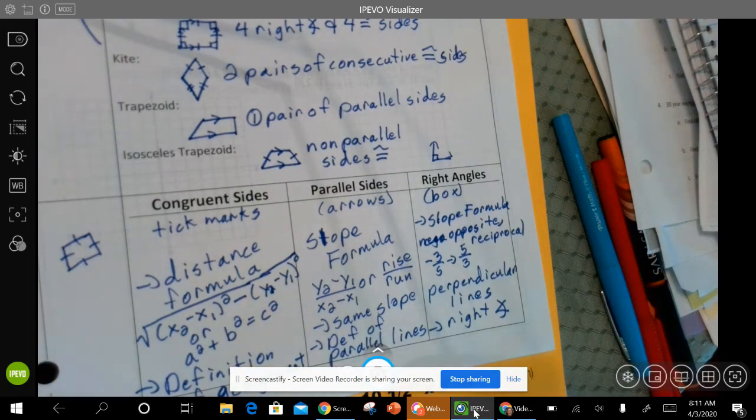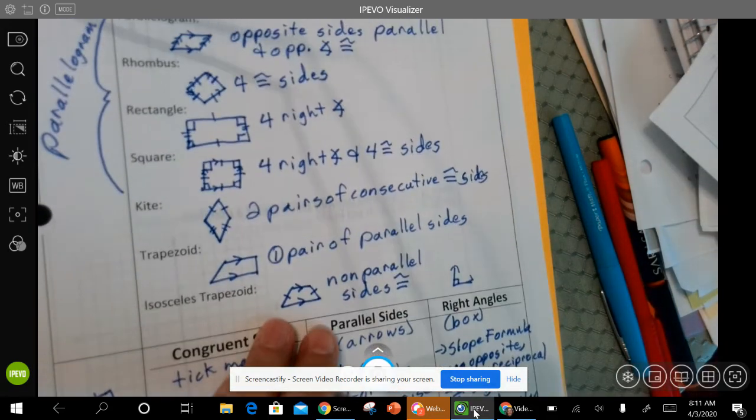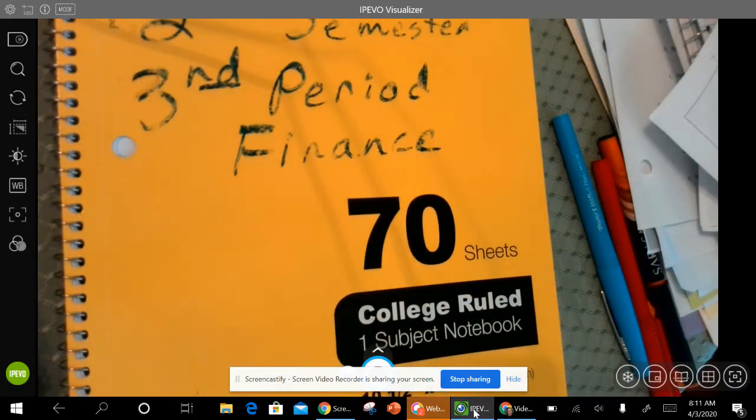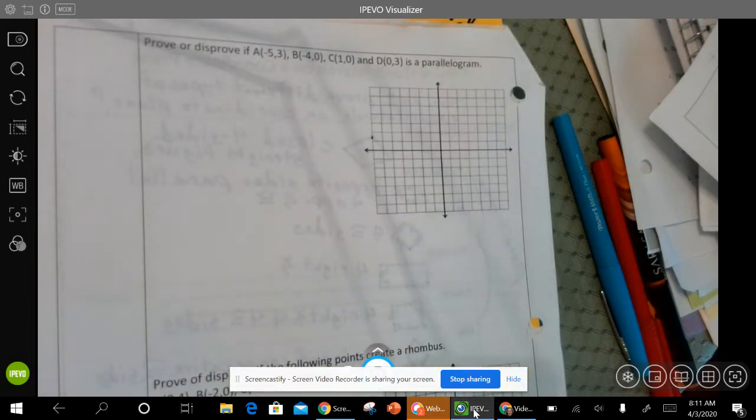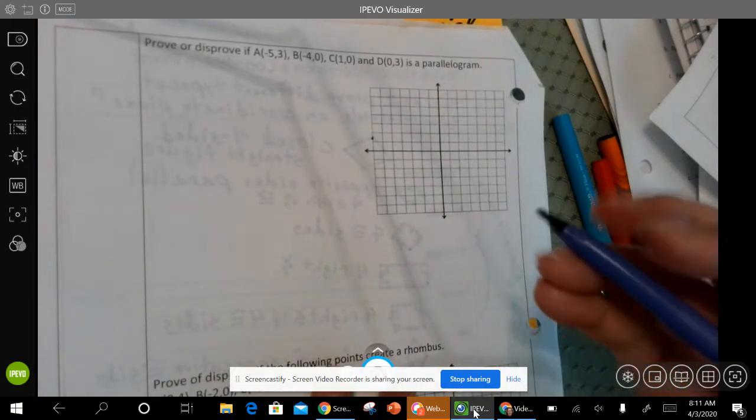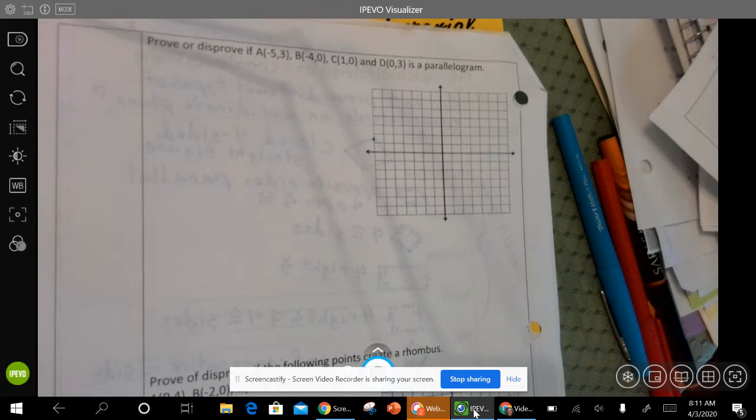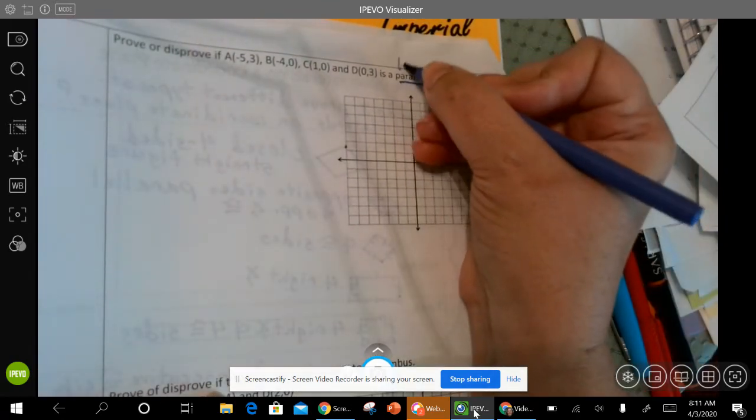All right, so we're going to continue on. Now we're starting into the proofs part. These ones say prove or disprove. They don't actually give us a given, but they do want us to prove that it's a parallelogram. So I know this one's going to be my last statement.